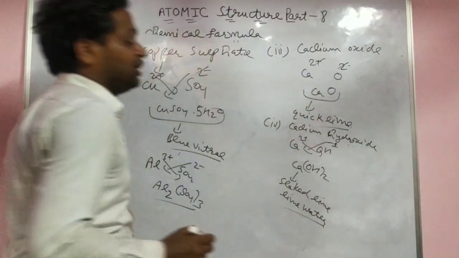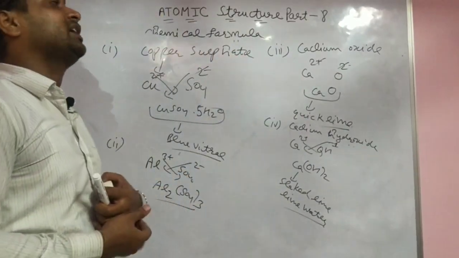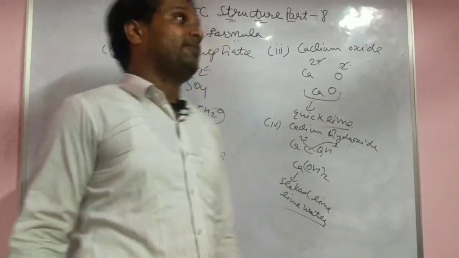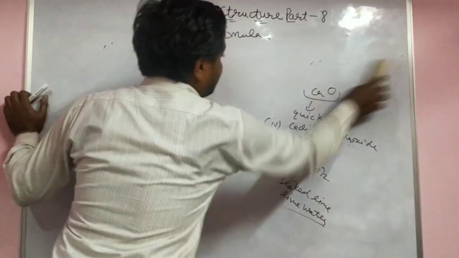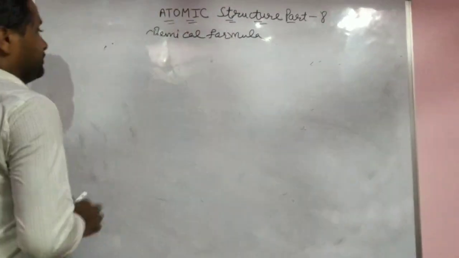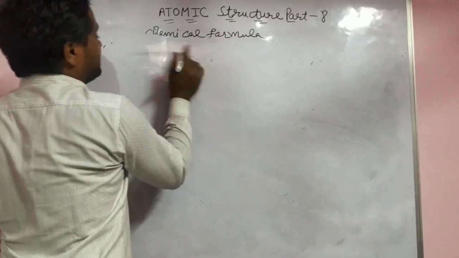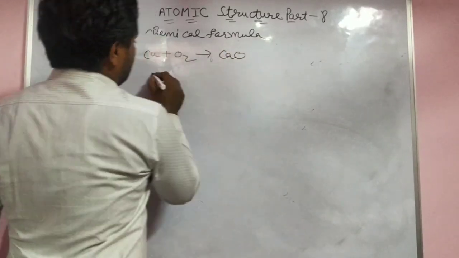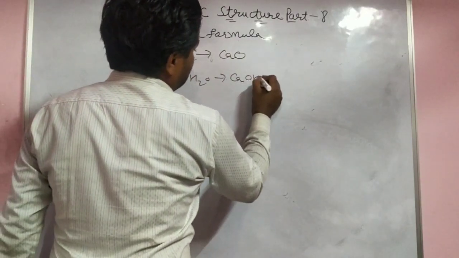And you know lime water turns milky with carbon dioxide, and you are able to detect carbon dioxide in the environment. If you want to see the reaction, it is a very easy reaction. Calcium reacts with oxygen to give calcium oxide, and calcium oxide reacts with water to form calcium hydroxide.